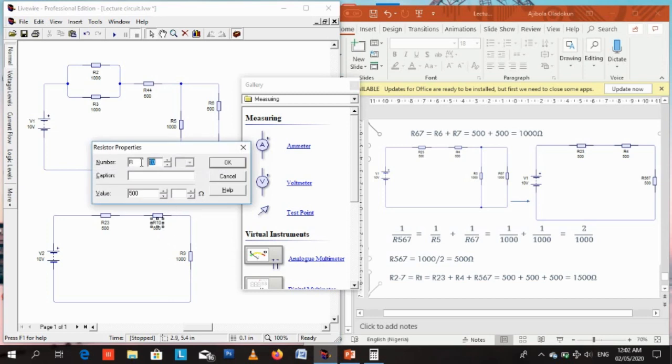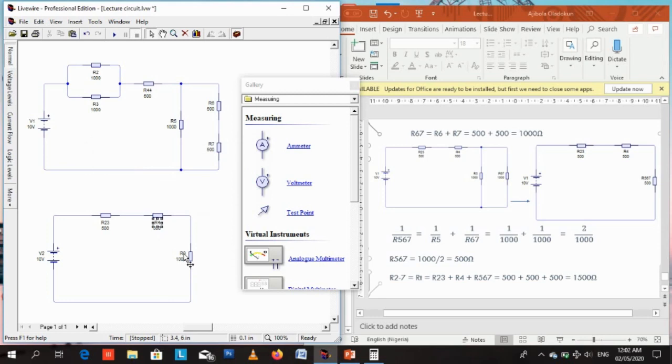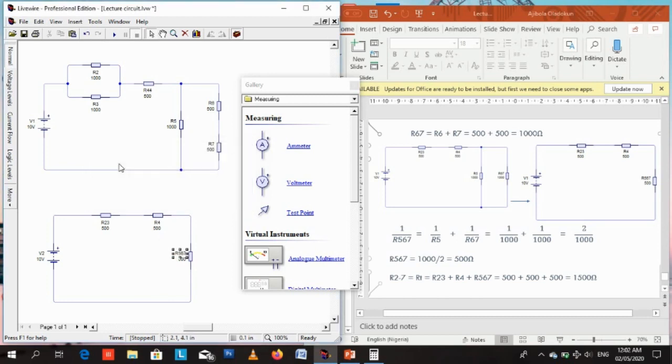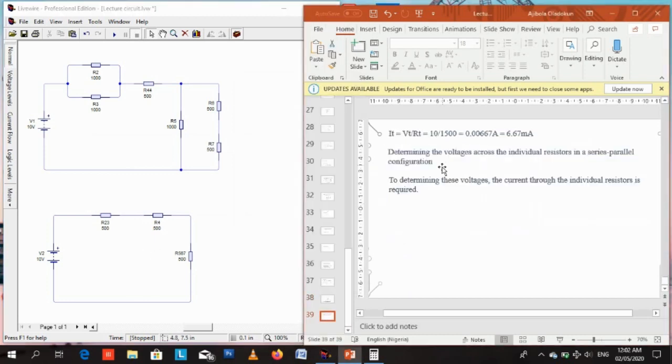R4 was 500 ohms too, and this was R567, 500 ohms, if I'm right. Yes, R567. So we are taking a little step back. Now when we go to this stage, we had three resistors in series. Now at this level, we can still go back.